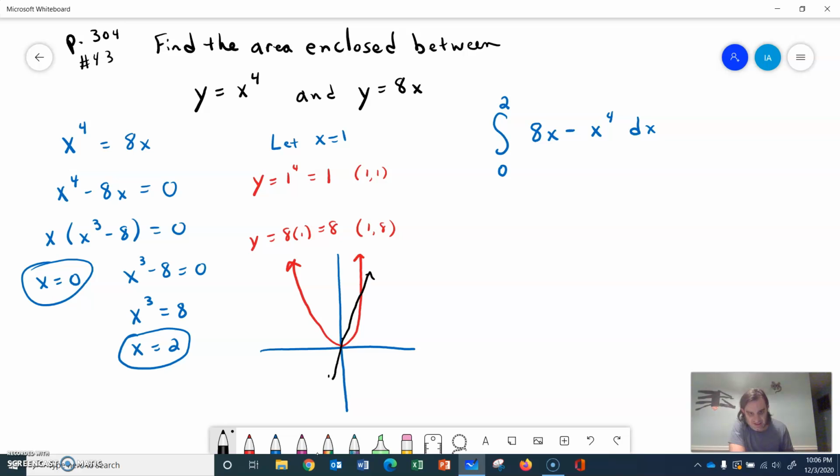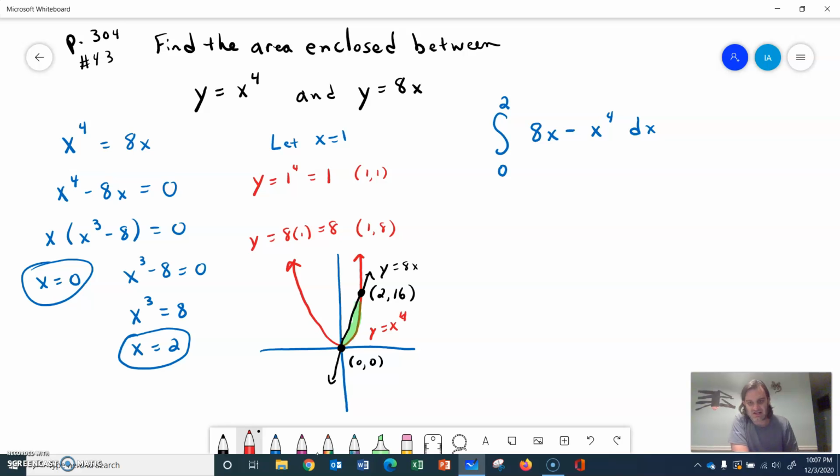This point right here must be x of 2, and if you plug 2 into both of these, it would give you 16, although that 16 really doesn't matter. The other place they intersect is down here at (0, 0). So we're finding this little shaded region in between. The straight line, y equals 8x, is the top one, and the parabola-looking thing, y equals x to the fourth, is the bottom one.